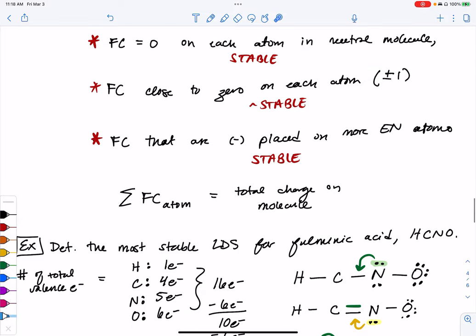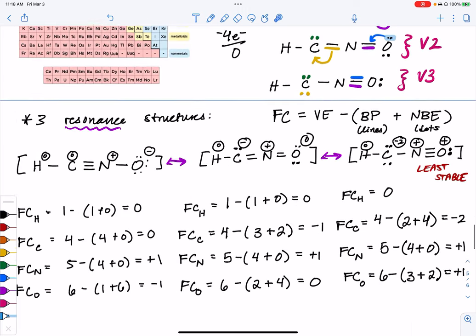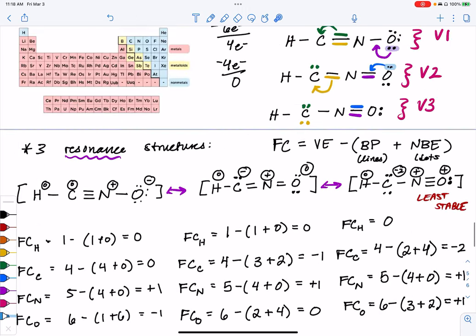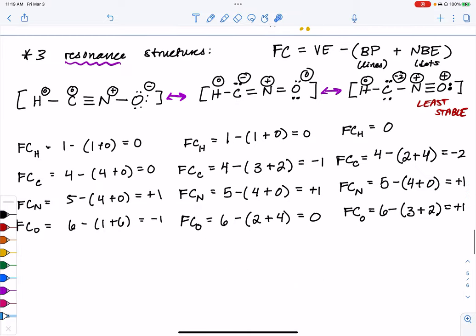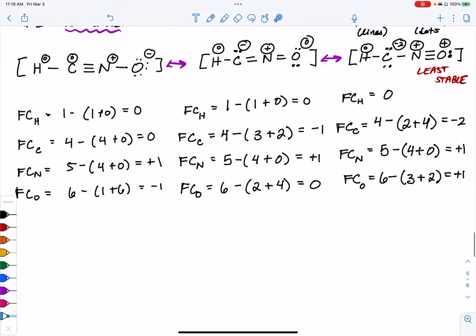Okay, the last thing we might look at is formal charges that are negative on electronegative atoms. Those are resonance structures that are stable. So we should have negative formal charges on things that are more electronegative. So in this compound or molecule, we would expect for that to be oxygen. So let's look here. In this first structure, the oxygen gets the negative formal charge. So that looks promising.